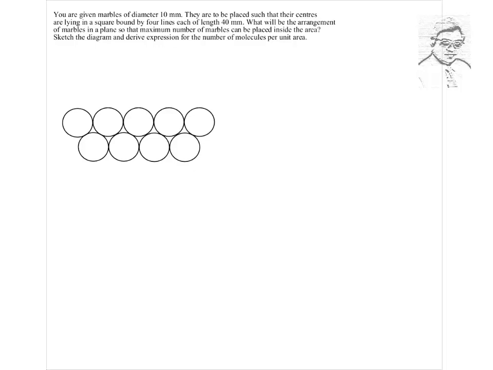Now what will happen is that the boundary of the square will pass through the center of it. The square will be something like this, going like this, going like this, and then like this. Now when we try to cover these dips, we are replicating this line.